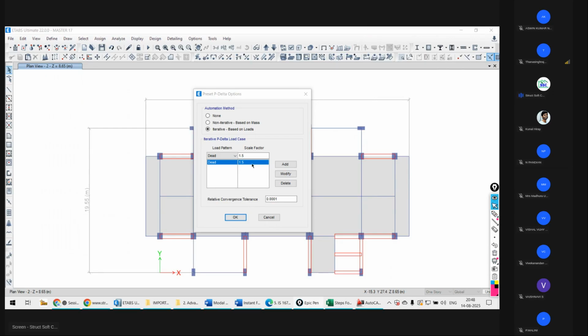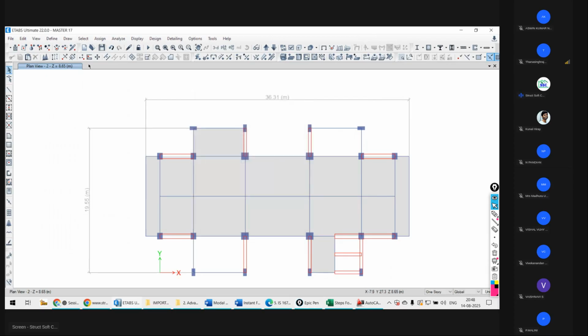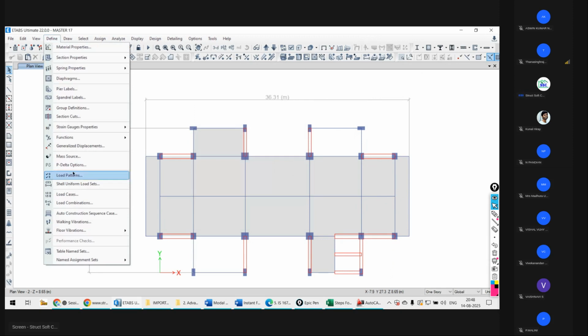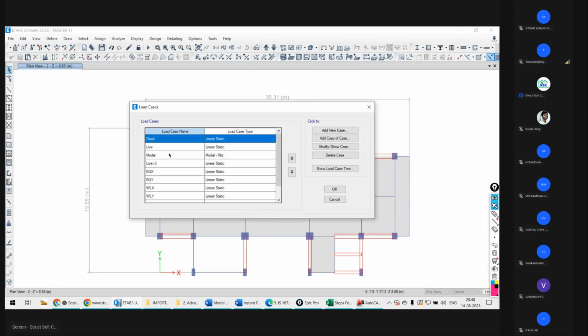But as of now I am expecting that dead load with a factor of 1.5 will be more critical, as per my experience. That's why I am going to adopt it. We will check it later on, I will show you the check as well. Okay, let's say okay, go to define. When you look at the load cases, the Modal analysis is going to follow the results of P delta analysis, as I told you.